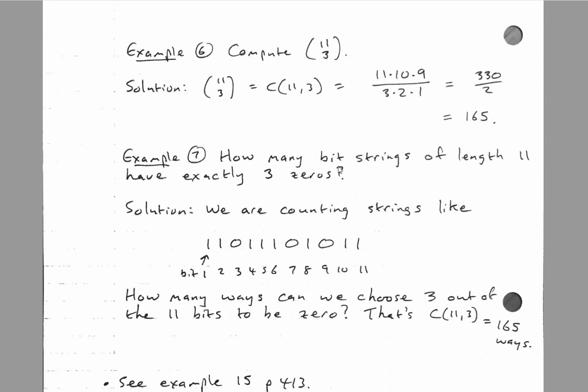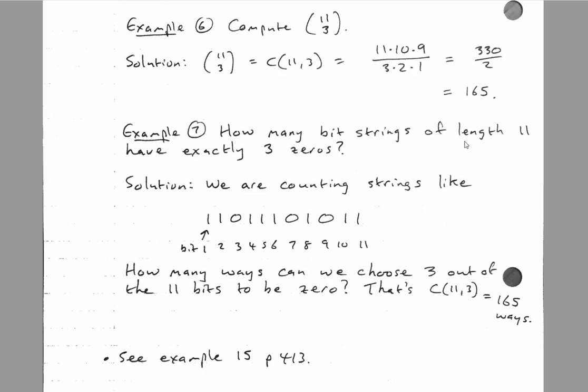Example 7: how many bit strings of length 11 have exactly 3 zeros? Remember our bit strings, zeros and ones.